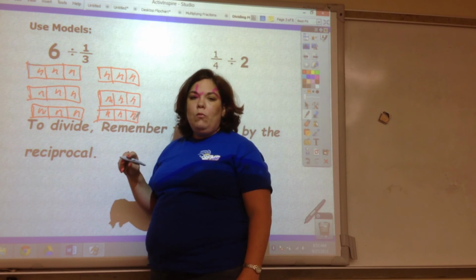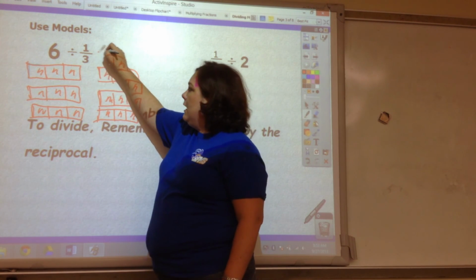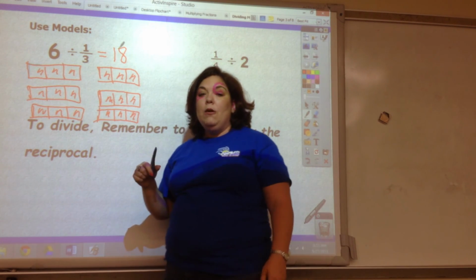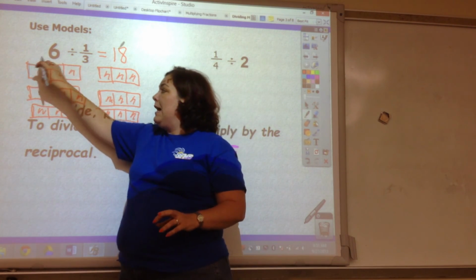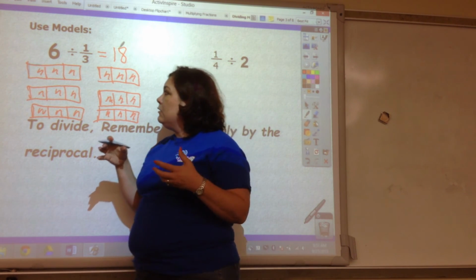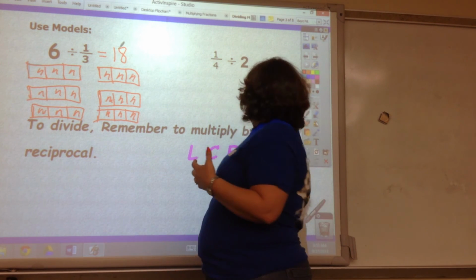So that's kind of weird. I've got a whole number, I'm dividing by a fraction, and I get a number bigger than my whole number. Well, that's because you're taking a fractional part and counting up each of them. So let's look at how you would do this mathematically without the model.